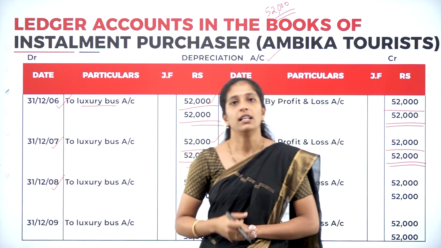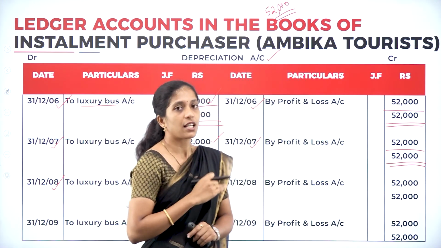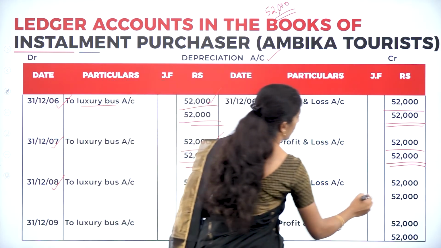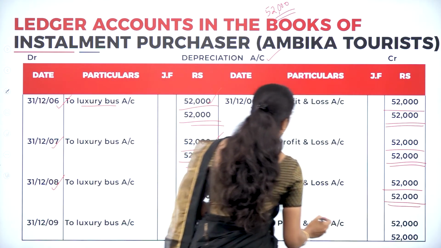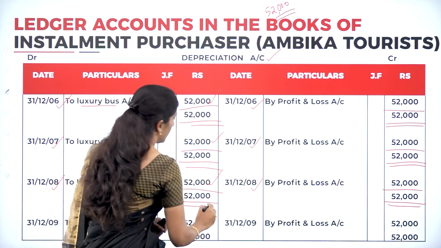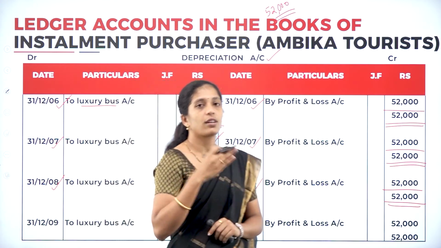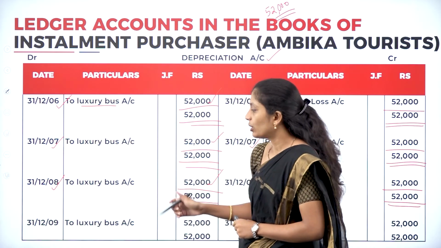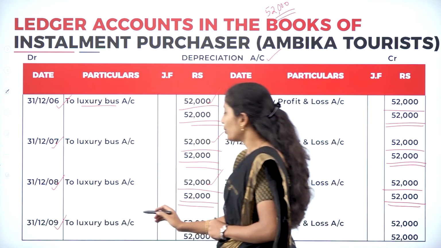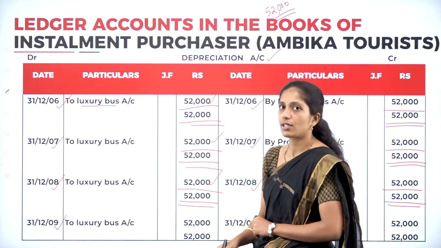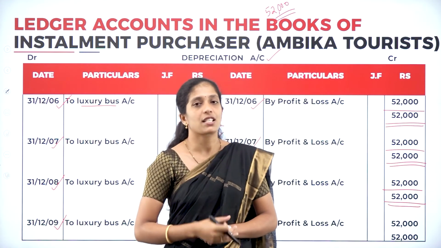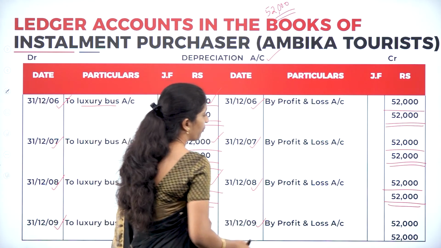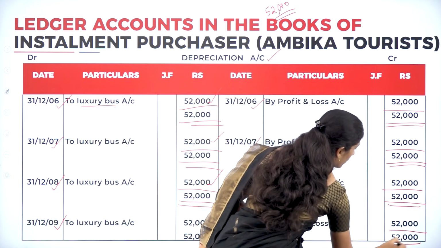Then transfer that depreciation to the profit and loss account, 31/12/08, by profit and loss account 52,000. Then the last year also: charging depreciation to the asset, 31/12/09, to luxury bus account 52,000. Next transfer that depreciation to the profit and loss account, 31/12/09, by profit and loss account 52,000.